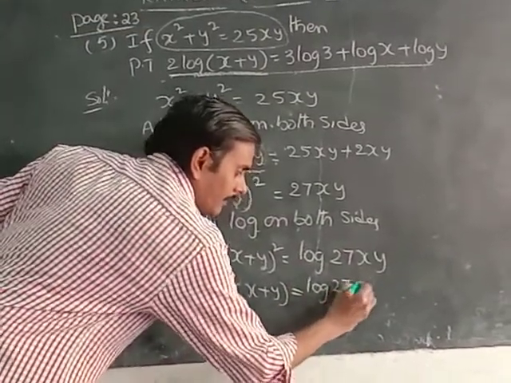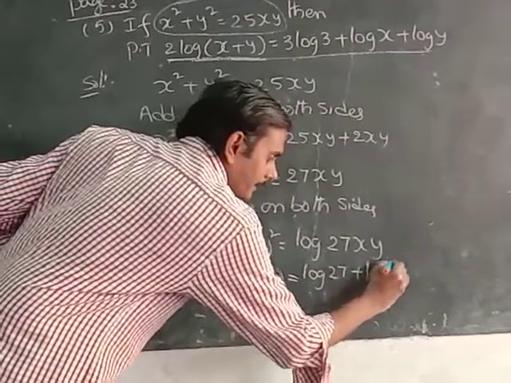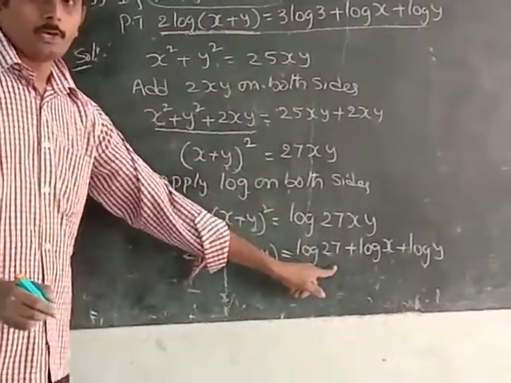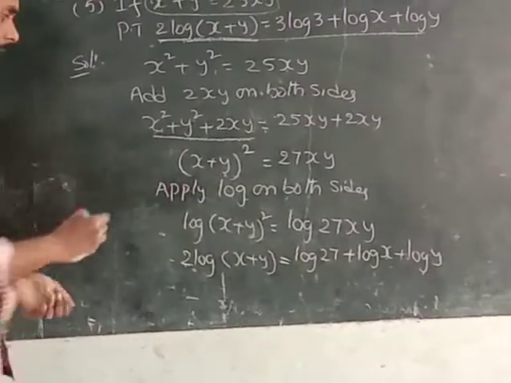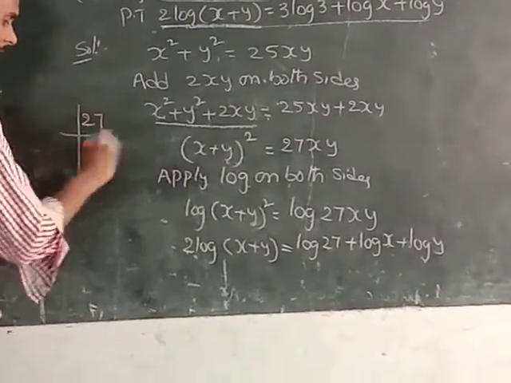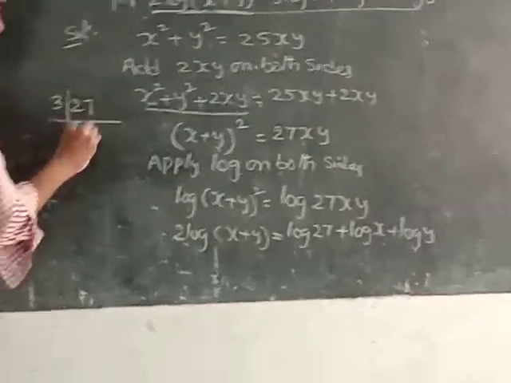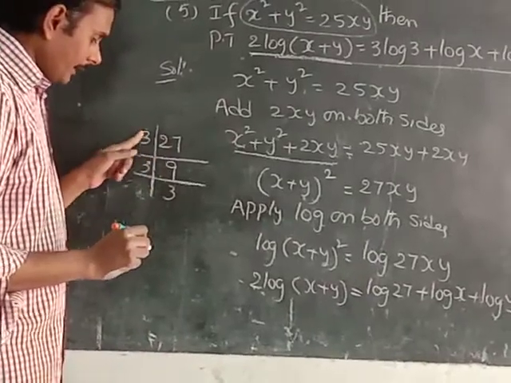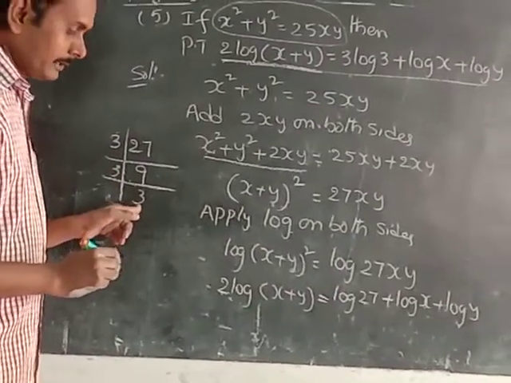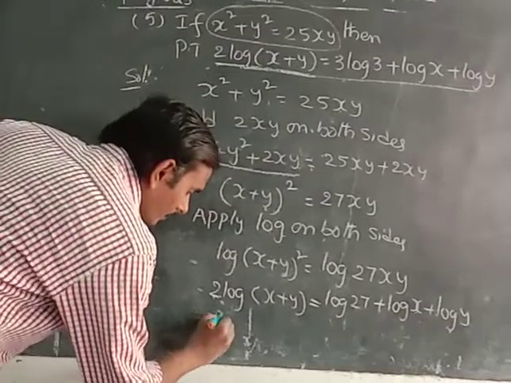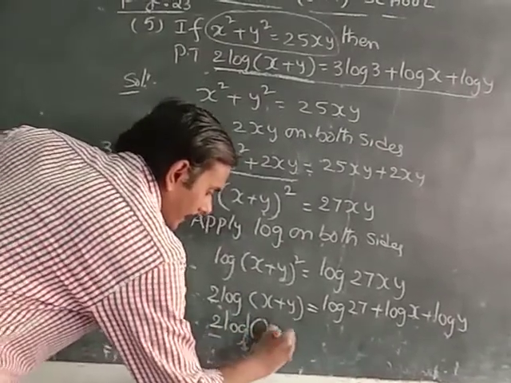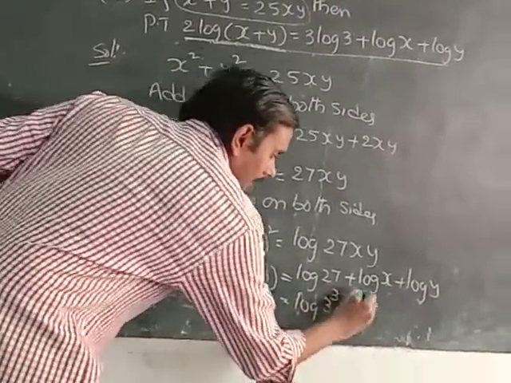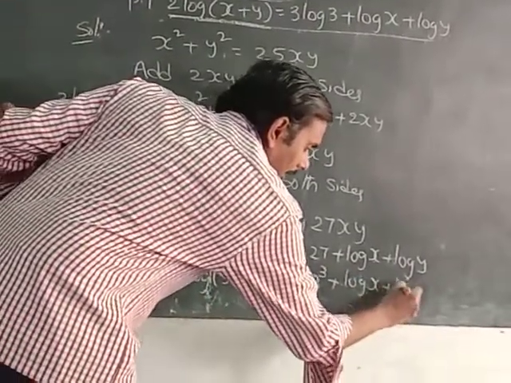Log 27 plus log x plus log y. Now 27 we have to write in prime factor form. Taking factorization of 27 with the 3 table: 3 nines are 27, 3 threes are 9. That means 27 we can write as 3 power 3. So 2 log (x plus y) equal to log 3 power 3 plus log x plus log y.